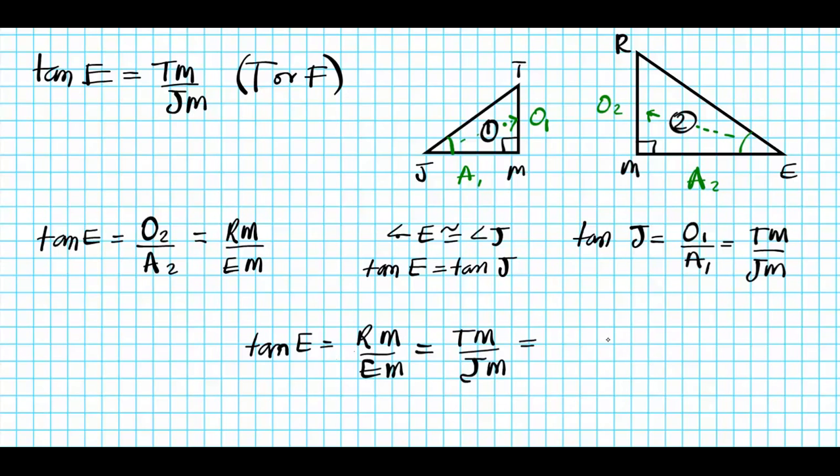Because tan of E is equal to tan of J. Okay, so is this statement, tan E equals TM over JM, correct? Tan E is equal to TM over JM. Voila, there goes your correct answer. So this statement is true, whereas the other ones are false. So we can clearly see that the answer is option number 4.